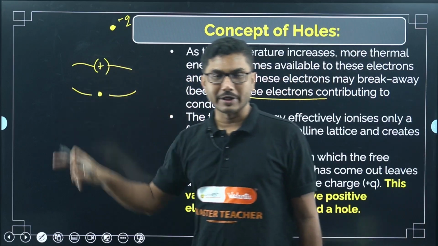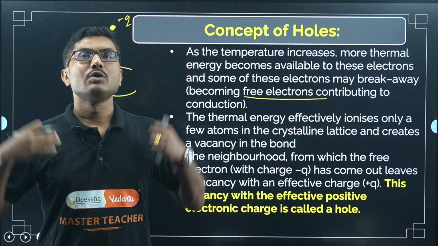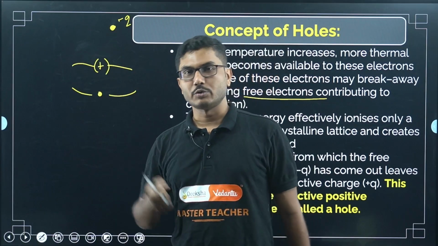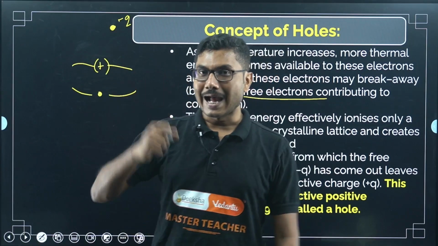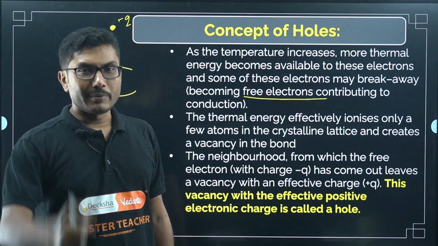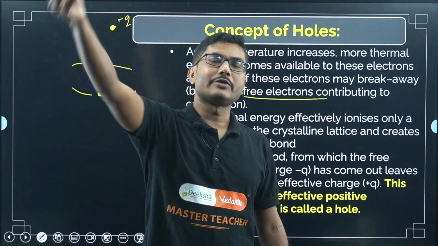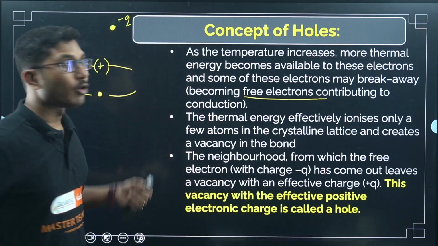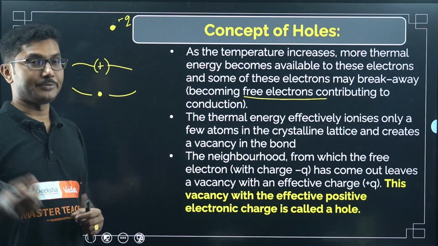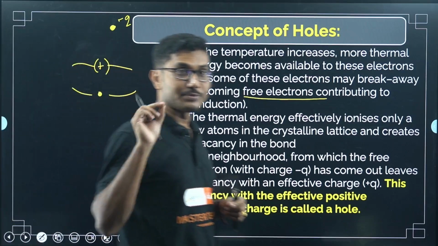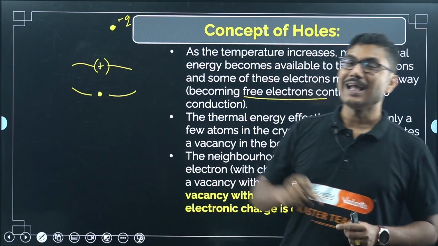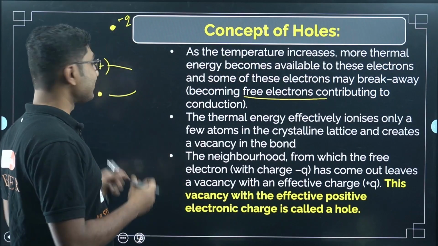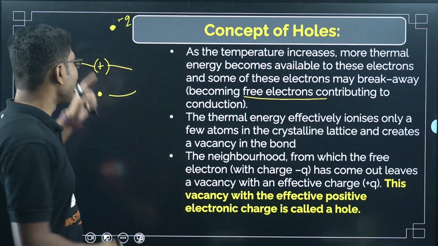Because there was a bond, and a bond requires 2 electrons, but you have taken out one of them. So that bond will always try to acquire one more electron from somewhere else. That's why it has an equivalent positive charge. It is not actually a real positive charge, it is only a vacancy, and that vacancy will try to acquire an electron from outside.